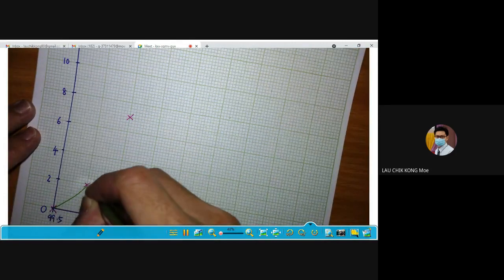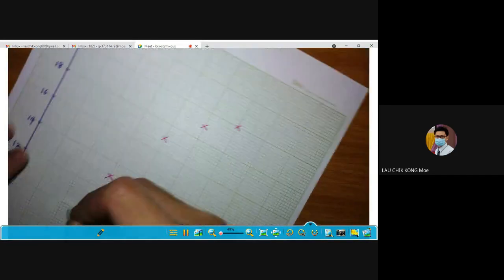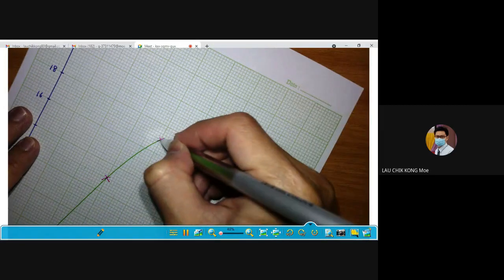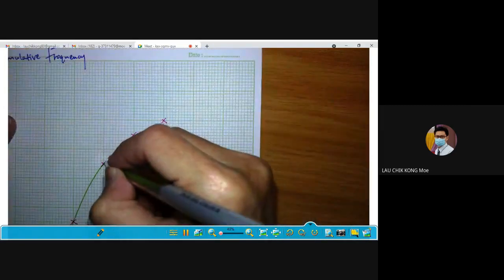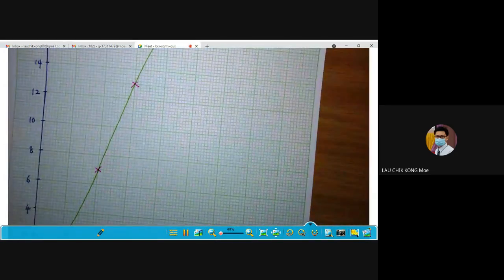Ini sudah saya bincang hari itu, saya lupa. Mungkin awak sudah lukis ataupun belum lukis. Kalau belum lukis, sekarang juga. Okay, you draw it now. So this is your graph.